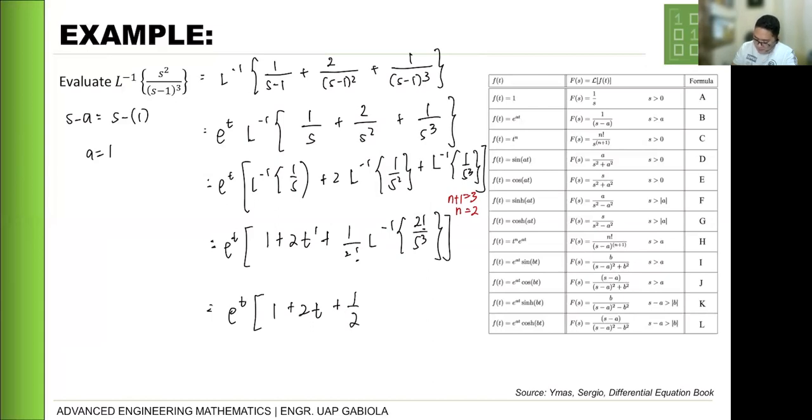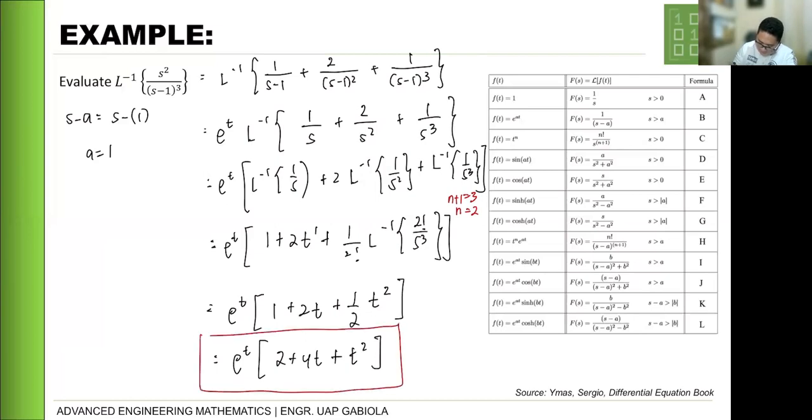Then this will be t raised to n or t squared. Okay? So, ayan na. So, I think this is an acceptable answer na, or we can just further simplify it as 2 plus 4t plus t squared. Okay, so this is our final answer na for this problem.